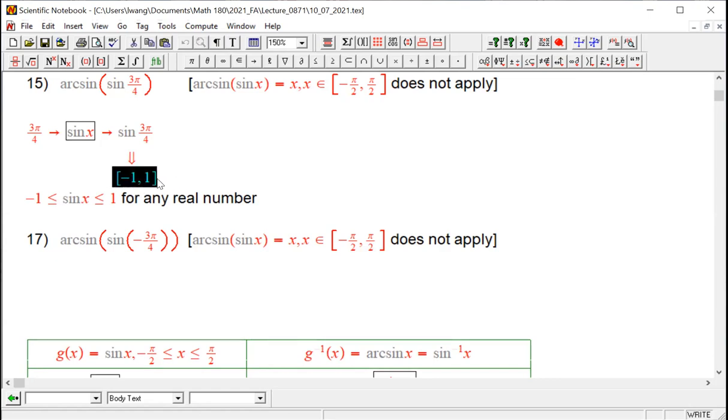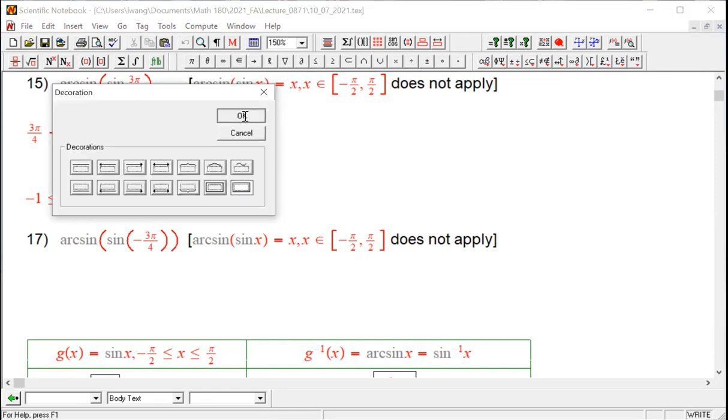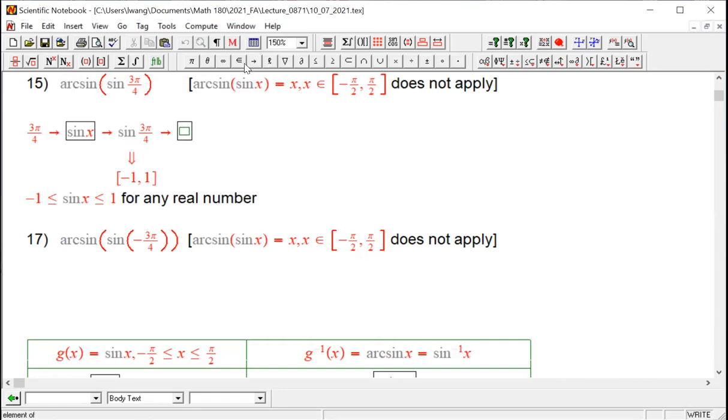And a number between -1 and 1 is perfectly in the domain of ArcSine. You guys hear that? So this quantity, which is going to be between -1 and 1, is perfectly in the domain of ArcSine.